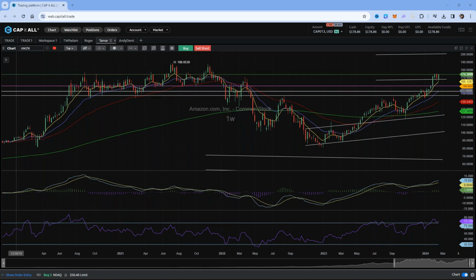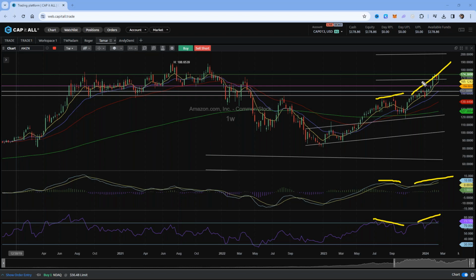So if I just show you here, market made a higher high, RSI did not, and in fact neither did the MACD. So right now that's not the same thing, because right now we have convergence. The MACD is also converging with price. So therefore, you know, the market could go higher.